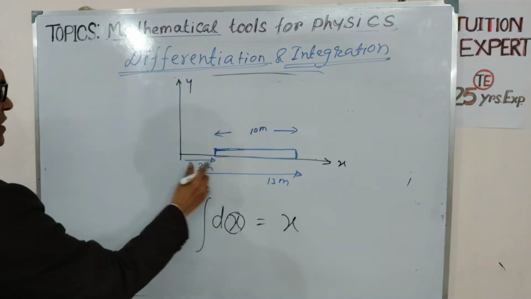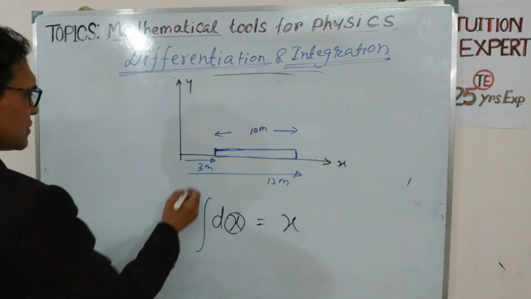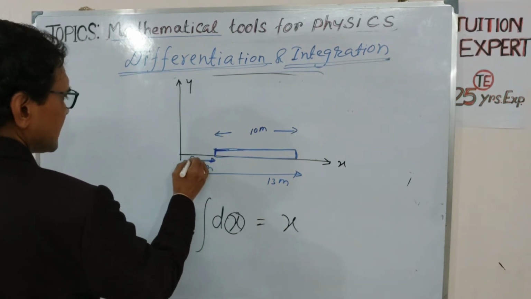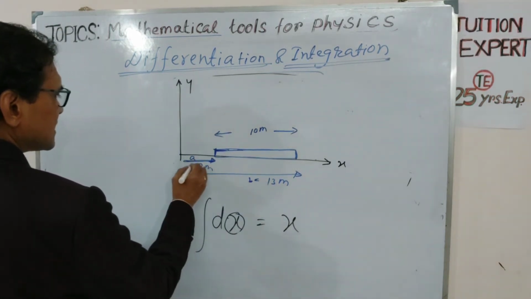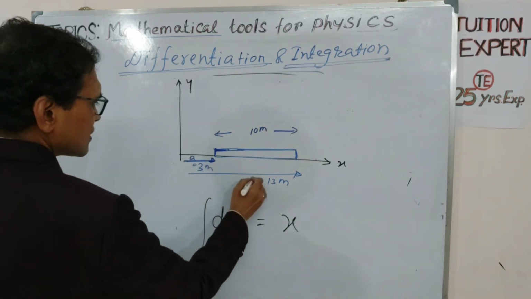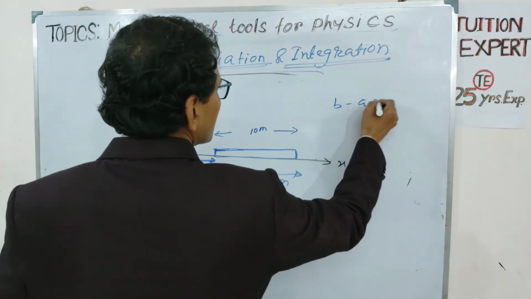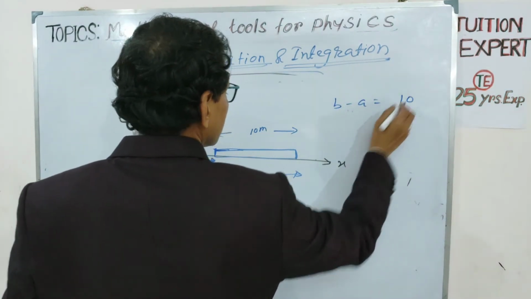So if we subtract 13 minus 3, this becomes 10. Now this end is denoted by A and this end is denoted by B, then B minus A equals 10.